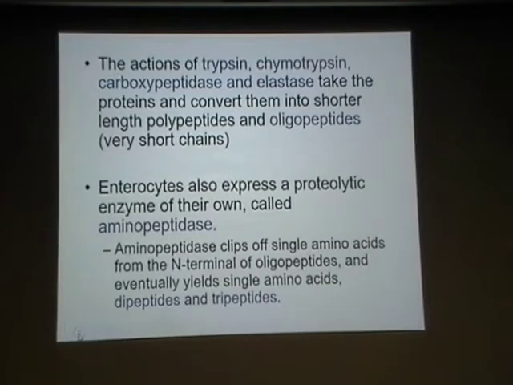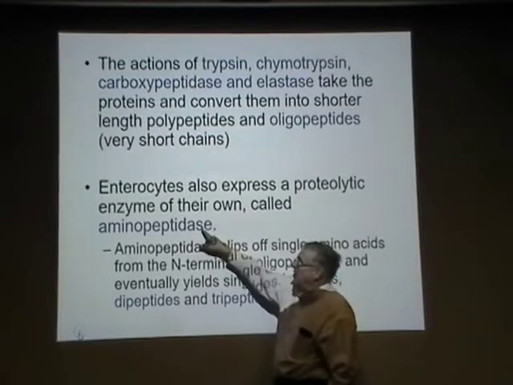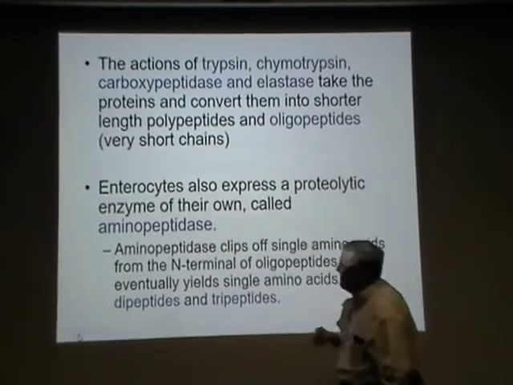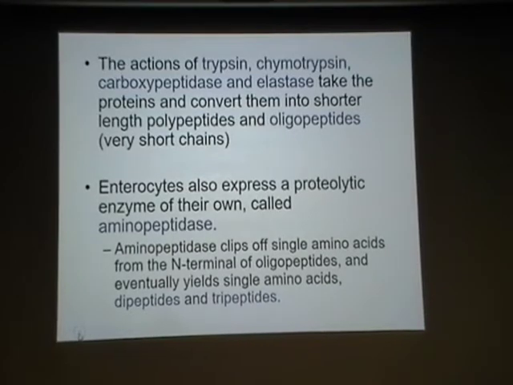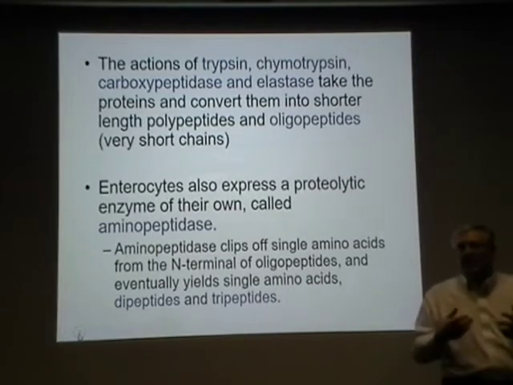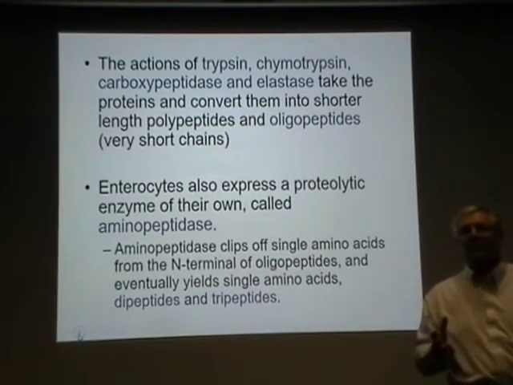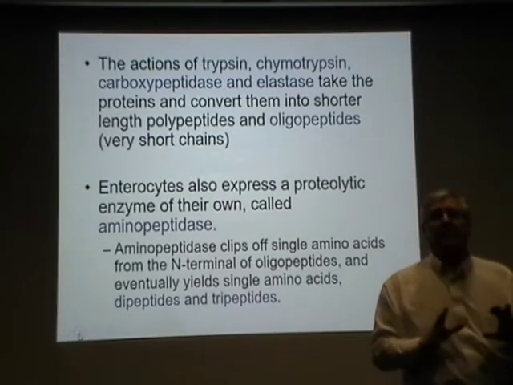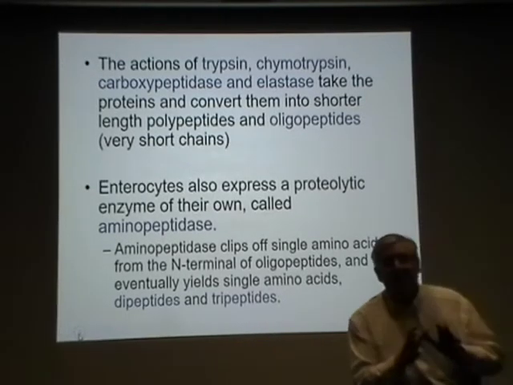Now there's another enzyme that's being secreted by enterocytes, and these are called aminopeptidases. What the aminopeptidases do is, once we're getting down to shorter and shorter lengths, they're going to be clipping off single amino acids, and they act on the N-terminal, the nitrogen terminal, of these oligopeptides. And so the aminopeptidase is finishing off what we can do on the outside of our body, in the lumen of the digestive tract.